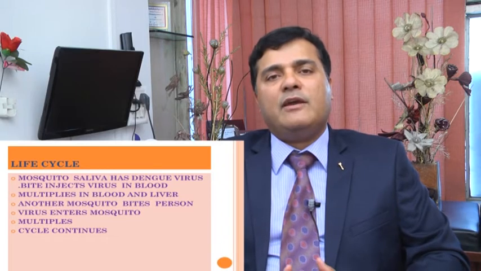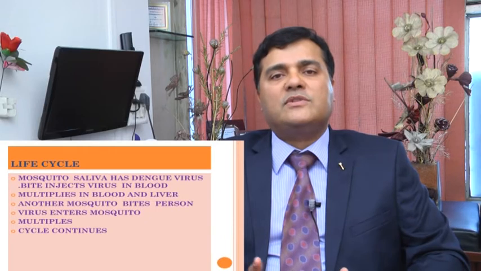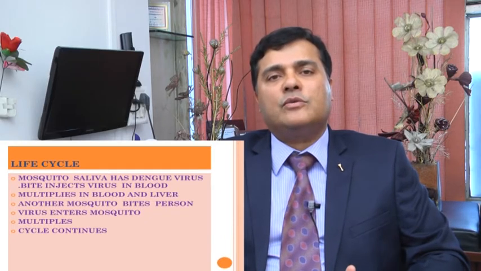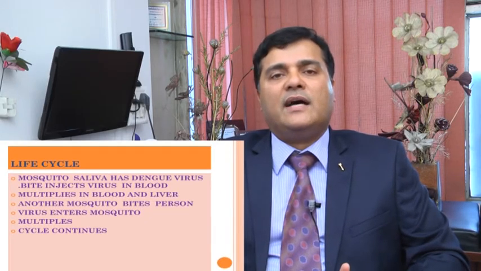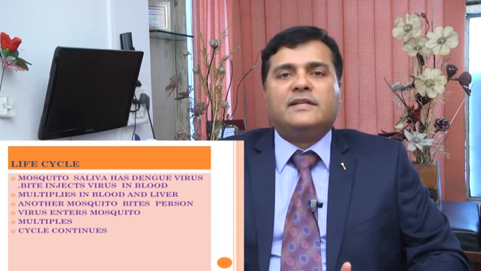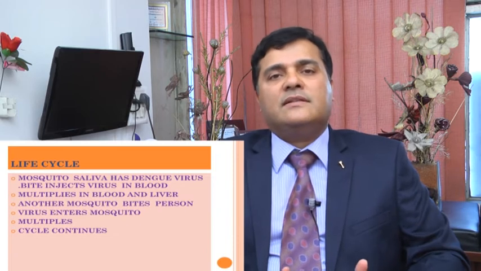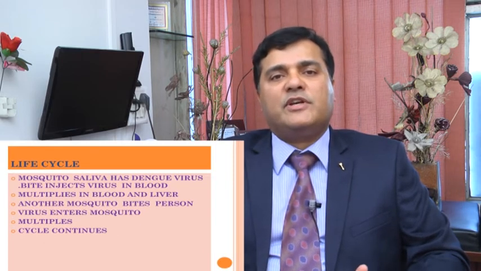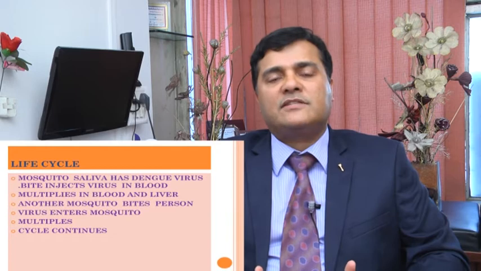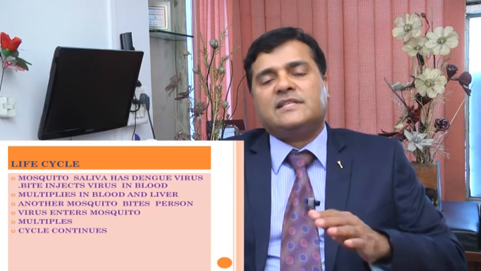The person may or may not develop a mild fever or clinical illness. But suppose this person, after a week or 2 or 3 weeks, gets bitten by another mosquito, then another dengue virus enters the body, and because of the previous virus, the immune reaction, instead of getting suppressed, is enhanced.